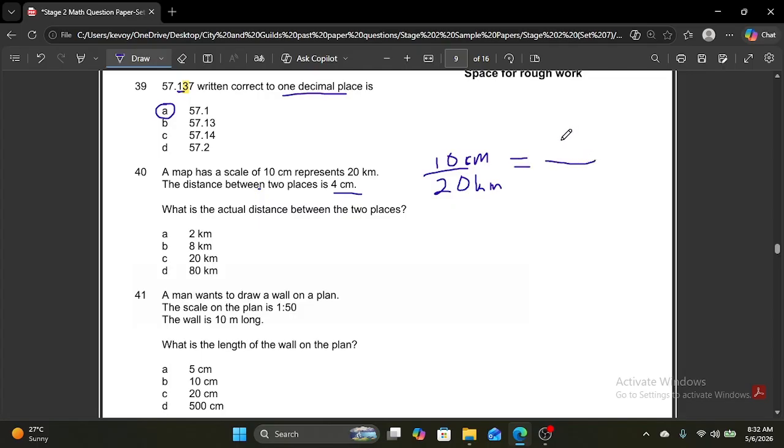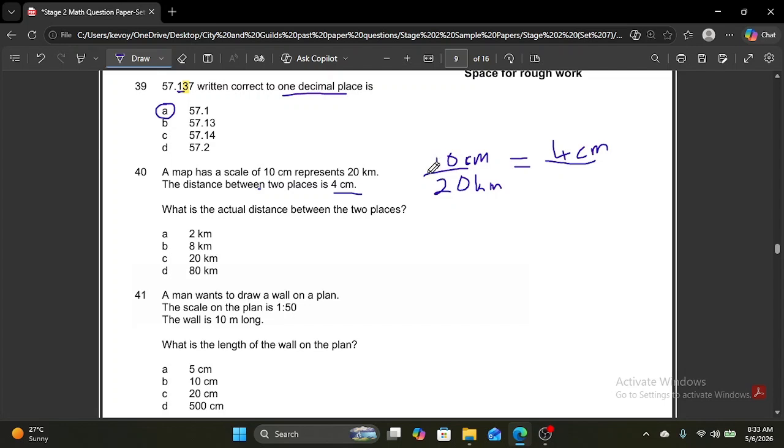Now if you're asked to find the number of kilometers when you have 4 centimeters, how do you move from 10 to 4? There's more than one way you can look at this. To get from 10 to 20, you're basically multiplying by 2.